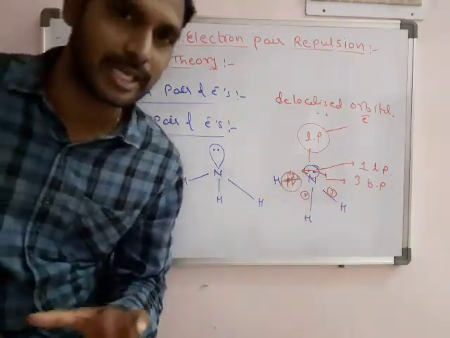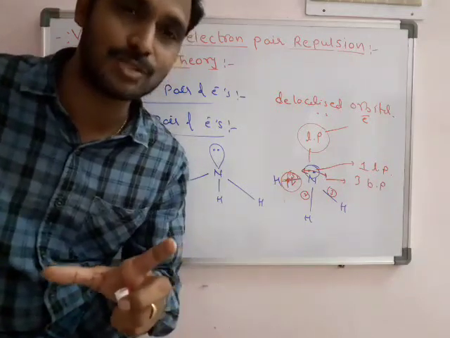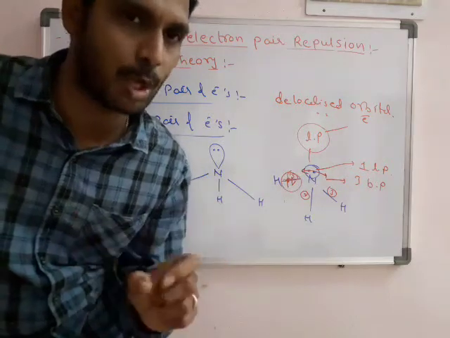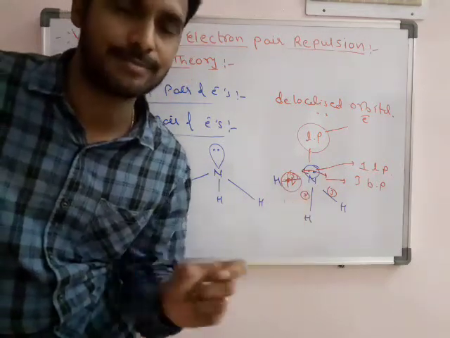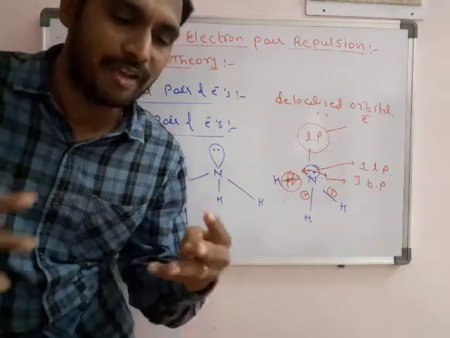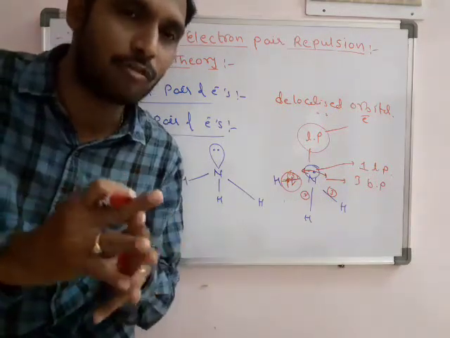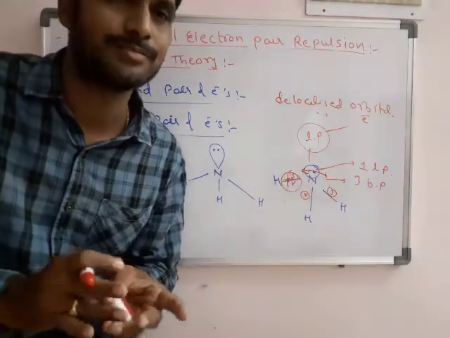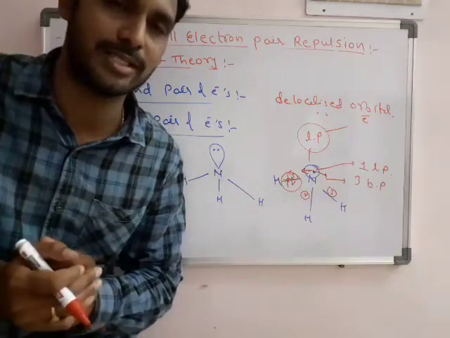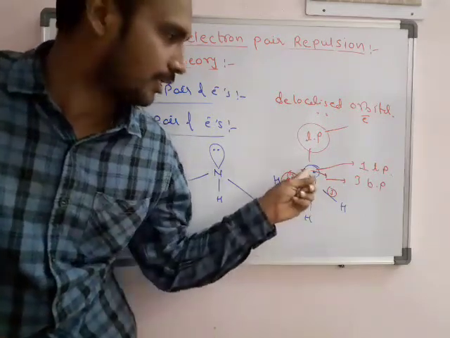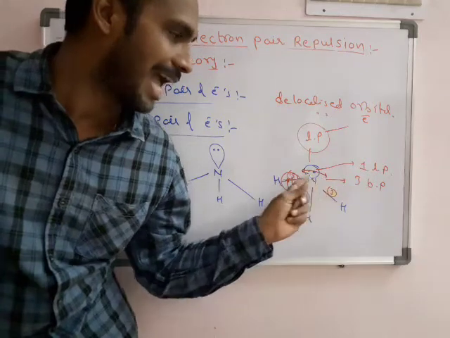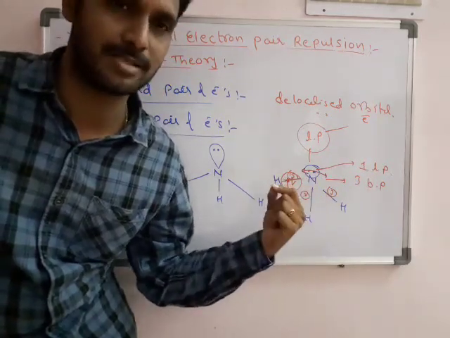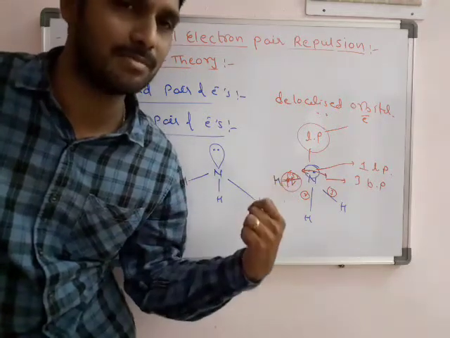That's why we say the space occupied by the lone pairs is higher compared to the space occupied by the bond pairs, because bond pairs are fixed between the nuclei of 2 atoms, but lone pairs are under the attraction of only 1 nucleus. So they have more movement and occupy more space. This is about lone pairs and bond pairs.